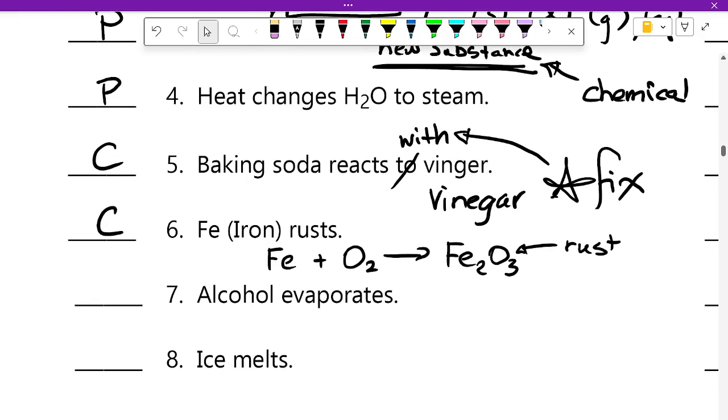Alcohol evaporates. Chemical or physical? Physical. Ice melts. Physical.